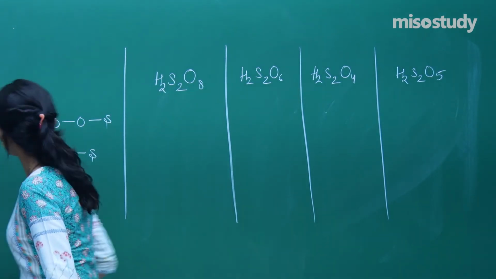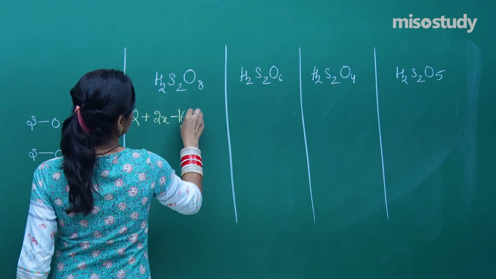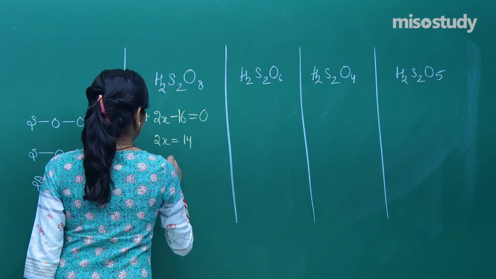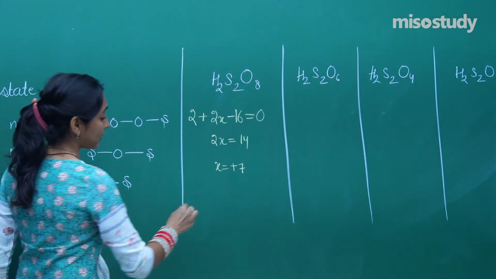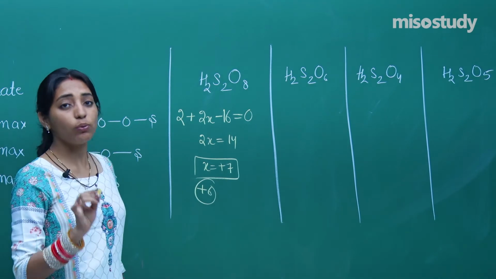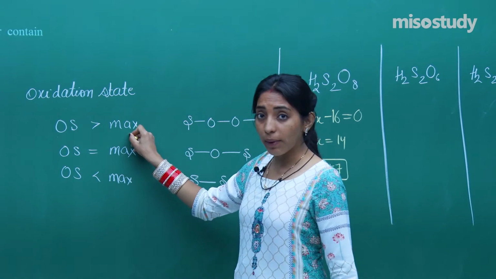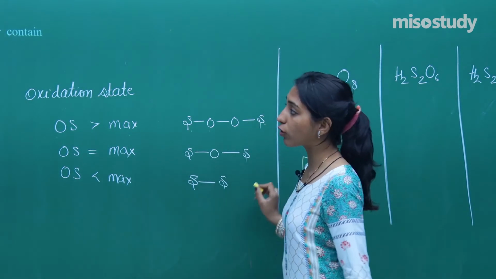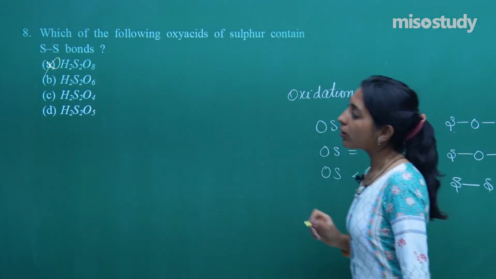While calculating the oxidation state, I'll say 2 plus 2x minus 16 is equal to 0. So 2x is equal to 14 and x is equal to plus 7, whereas the maximum oxidation state for sulfur is plus 6. Since the oxidation state is greater than max, there will not be an S-S bond; when the oxidation state is greater than max, there will be an O-O bond, right? So the first option is not the correct option. You can just ignore it. Moving on to the next option.